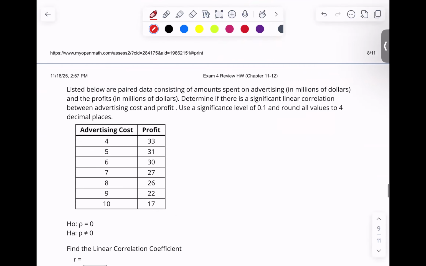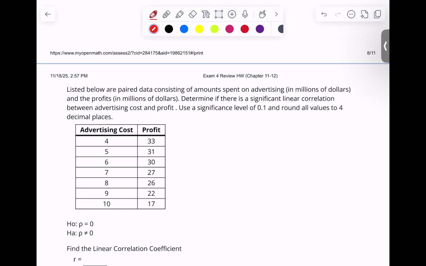Problem 10. So we need to run a regression here. Listed below are paired data consisting of amounts spent on advertising in millions of dollars and the profits in millions of dollars. Determine if there's a significant linear correlation between advertising cost and profit. So that's all we're trying to determine, whether there is a correlation or there isn't.